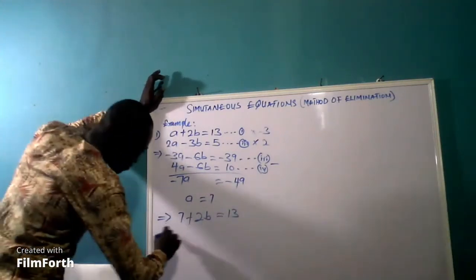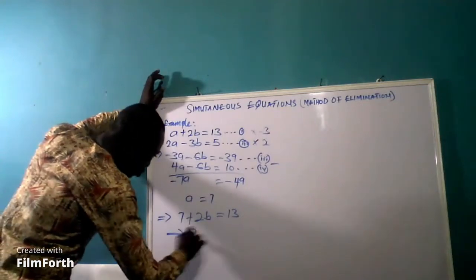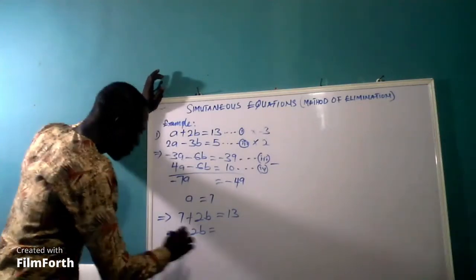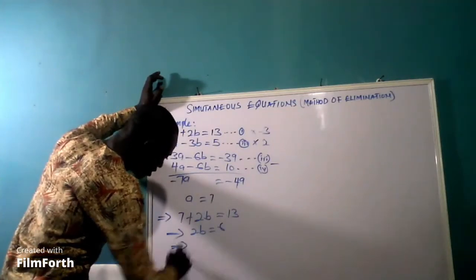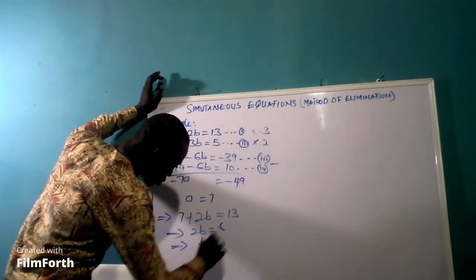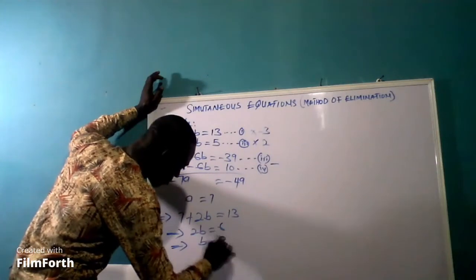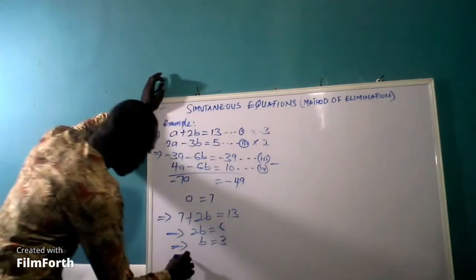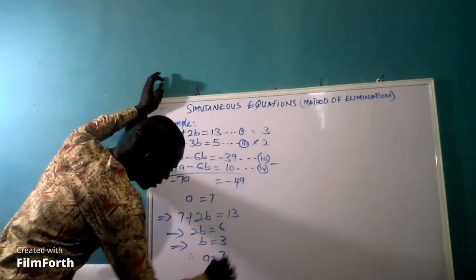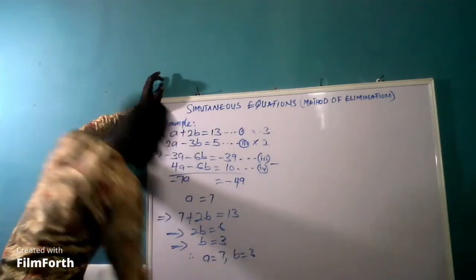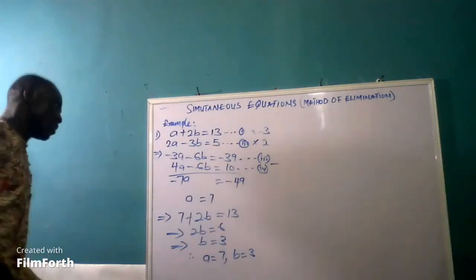And of course, we'll be having 2b equal to 13 minus 7, that will give you 6. And we have b equal to 6 divided by 2, that will give you 3. Therefore, a is equal to 7 and b is equal to 3. So we are done with example 1.